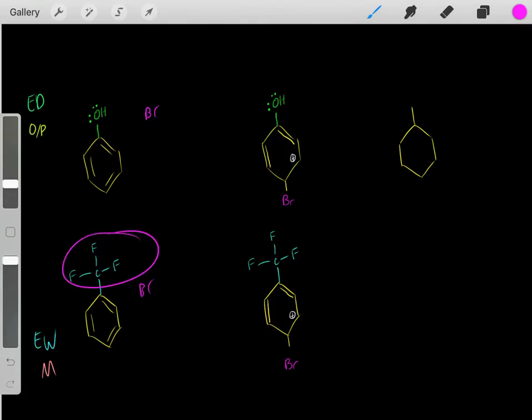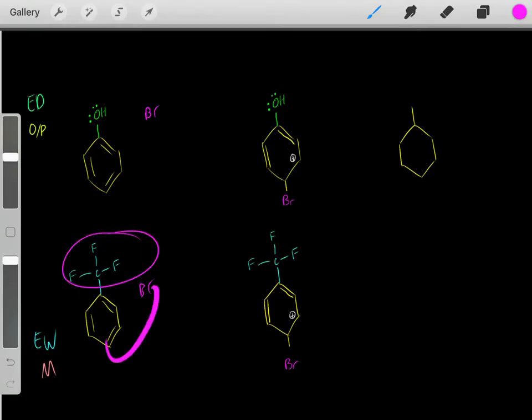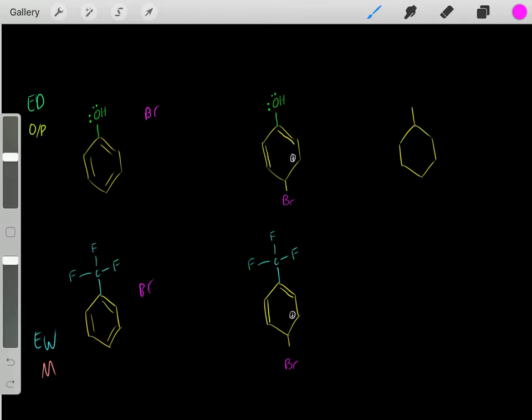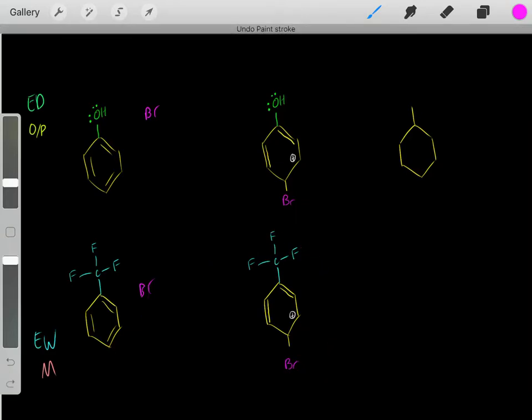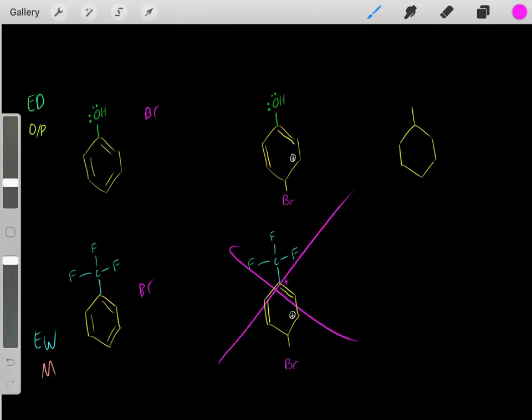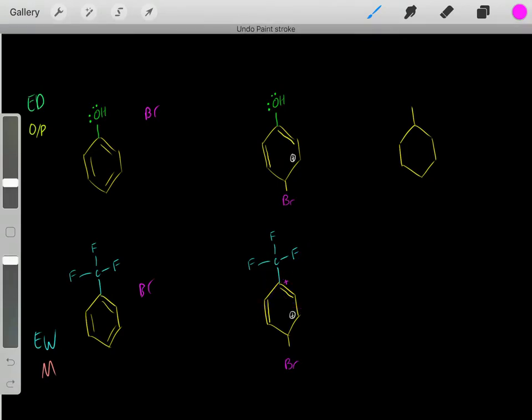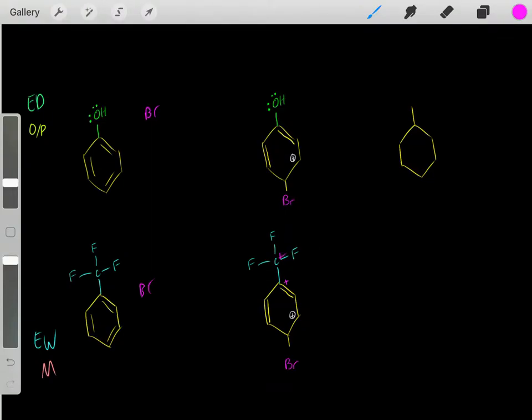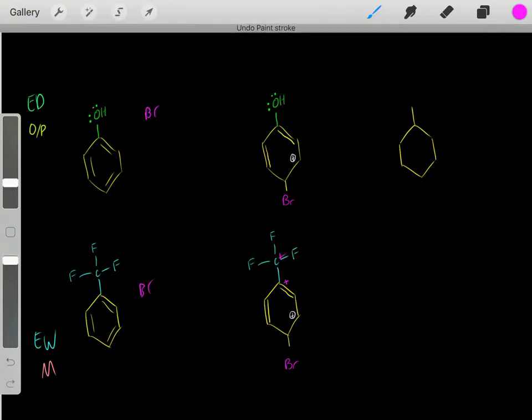However, this electron withdrawing group, if we add this in the para position, what happens? If we add it in the para position, we create this structure. And again, this also has resonance. That would have a positive charge here, which we know is not stable. We already explained that this carbon has a partial positive, so we don't want a positive charge here.